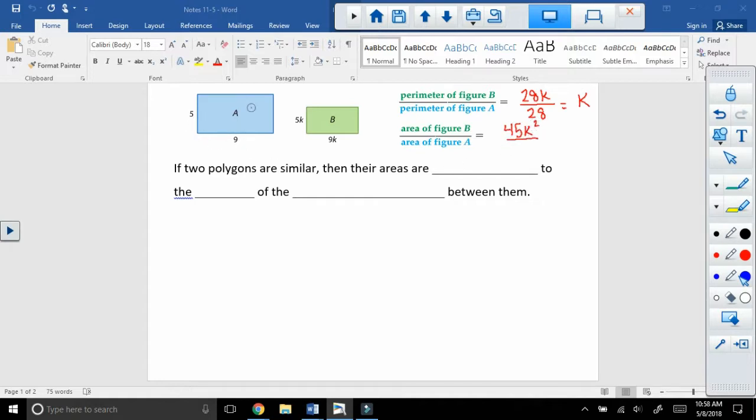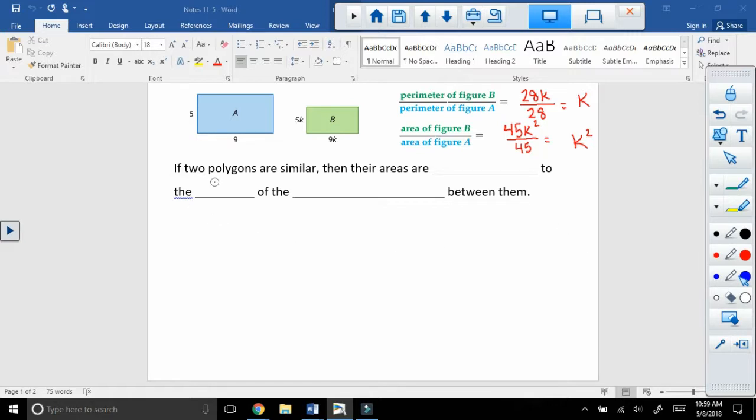And if I find the area of figure A, that's just 45. So the ratio of these areas is not just K, the same thing as that scale factor. It's whatever K squared is. Like the last example where we doubled it, it ended up being 4 times. It's not just twice as big. It's whatever that multiplier is squared. So it just happens to be the same thing. 2 times 2 is 4.